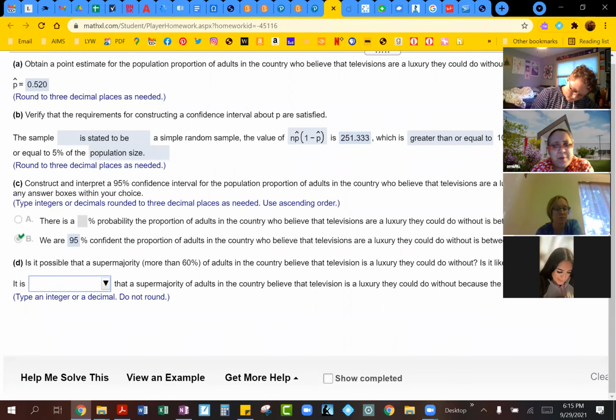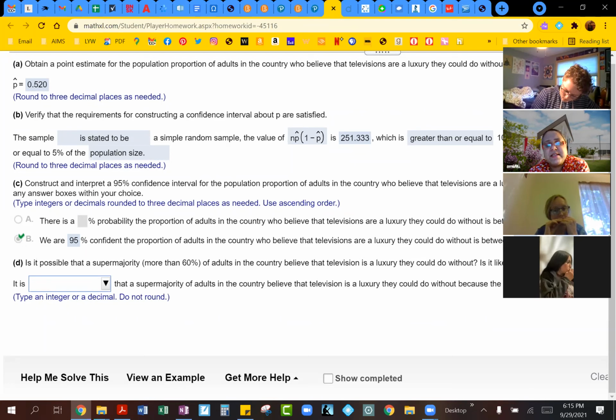All right, so the next part is saying, is it possible that a supermajority, so that would be more than 60%, of the adults in the country believe that television is a luxury they could do without? Is it likely? So think about this. Our interval is 0.489 to 0.551.